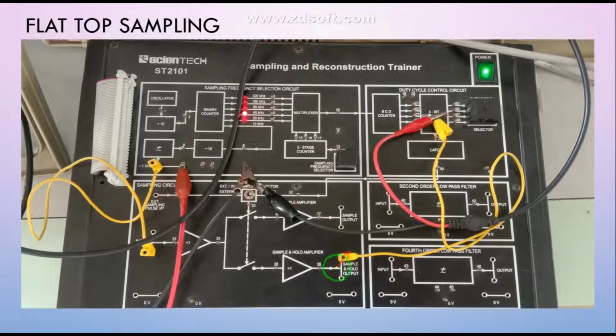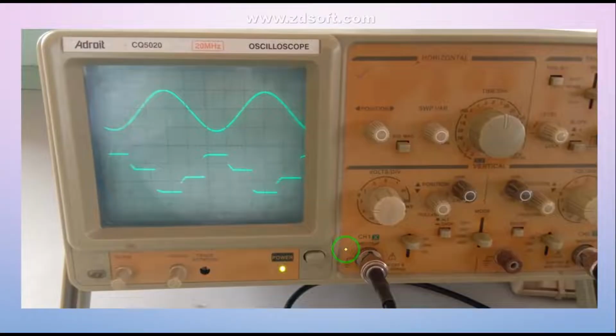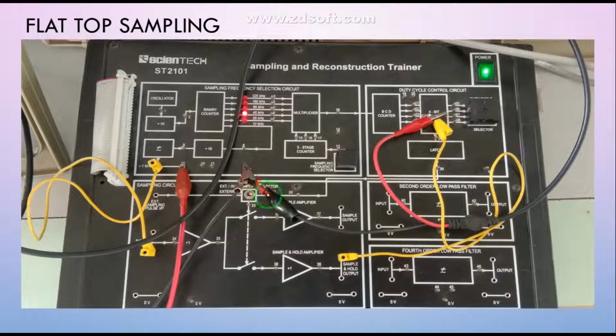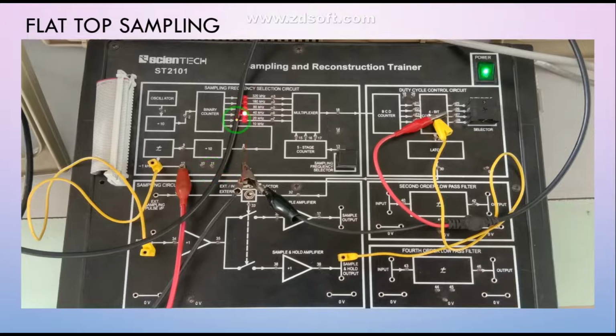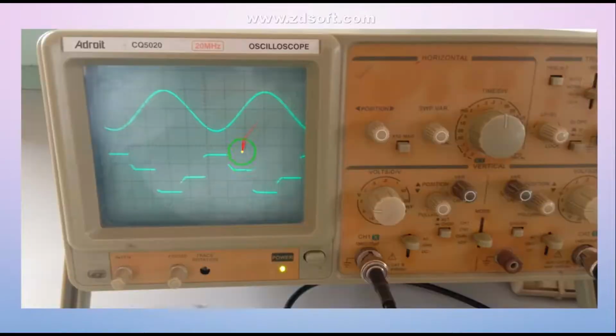Similarly guys, now we are going to observe sample and hold, that is flat top sampling. You can observe the top of the sample is flat, because we are observing the output of the sample and hold amplifier. The frequency that we selected is 40 kilohertz. See the samples.